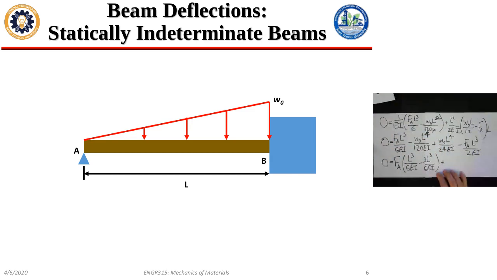It's like 5 W naught L to the 4th over 120 EI minus W naught L to the fourth over 20 EI.